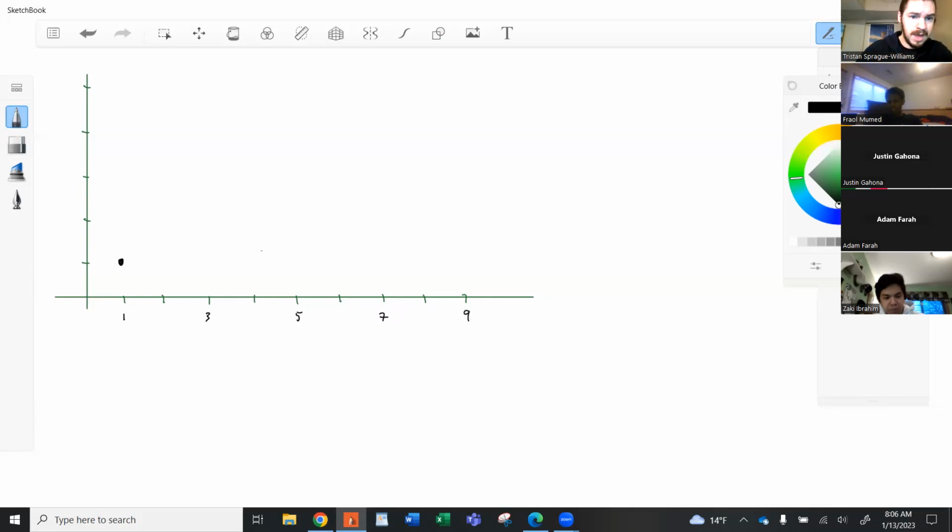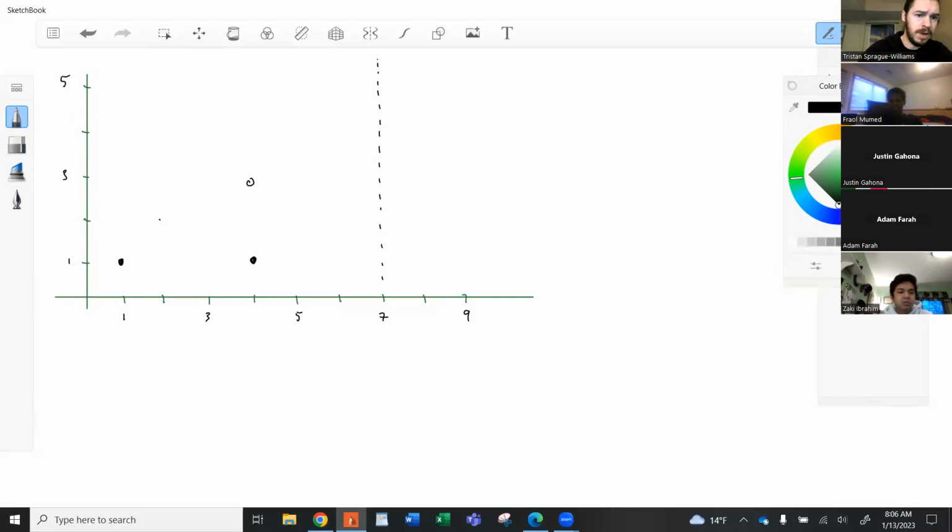And then maybe at 4, 3, there's going to be an open dot. And at 4, 1, there's going to be a closed dot. And then let's do a vertical asymptote here at 7. And then maybe a point right about there at 2, 2.